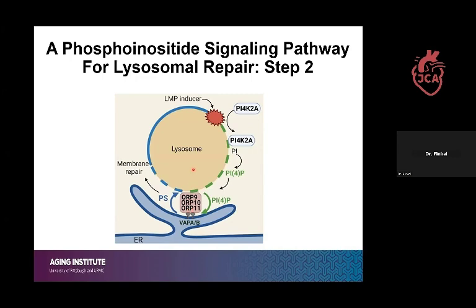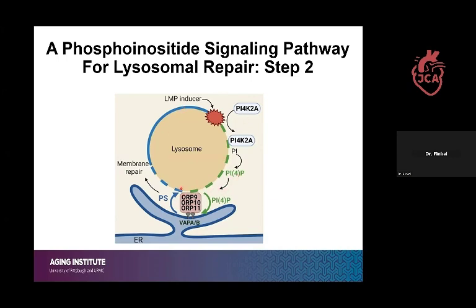And so it brings this damaged lysosome in such close proximity to the endoplasmic reticulum that it can exchange the PI4P on the lysosomal surface and deposit phosphatidylserine on the surface of the lysosome. Okay, so we've made some progress here.